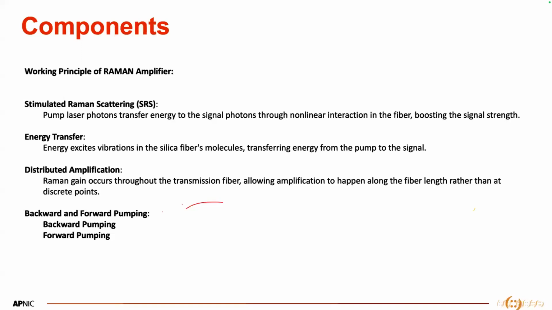So in a Raman amplifier, amplification of the signal happens throughout the whole path from A to B in the fiber. And it is being done with the help of the high power laser pump at the source. So that is how this Raman amplifier works.